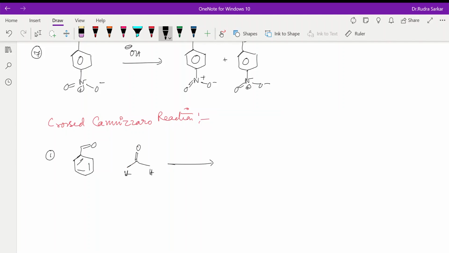Now we know that formaldehyde is more reactive. Why is it more reactive? Because there is no plus M effect happening from the phenyl, and apart from that, it is sterically less hindered.